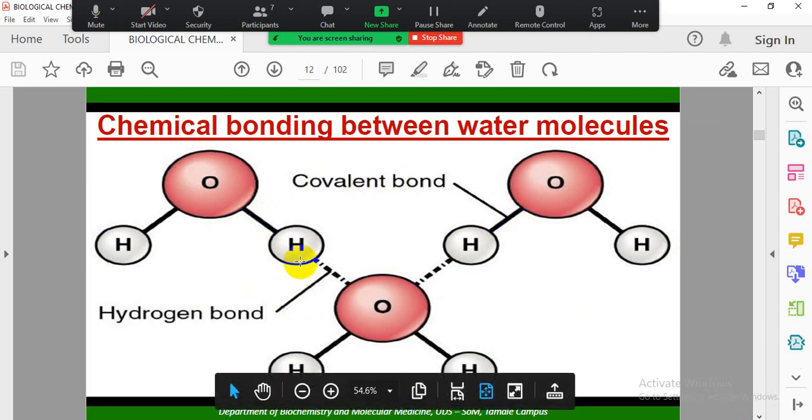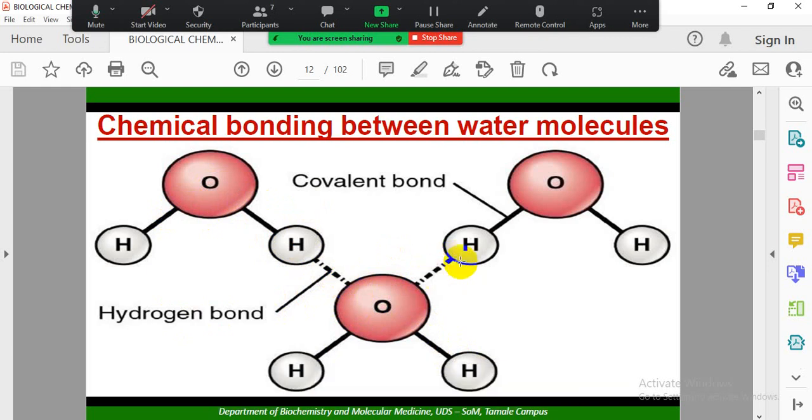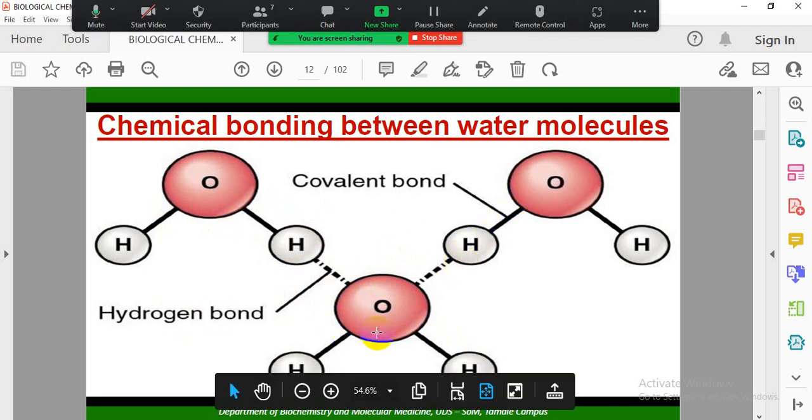Then between the hydrogen of one water molecule and the oxygen of another water molecule, there forms a hydrogen bond. Another hydrogen bond here. That's between the water molecules, and there are 3 water molecules over here: 1, 2, 3. If you don't understand anything, you let me know, eh?